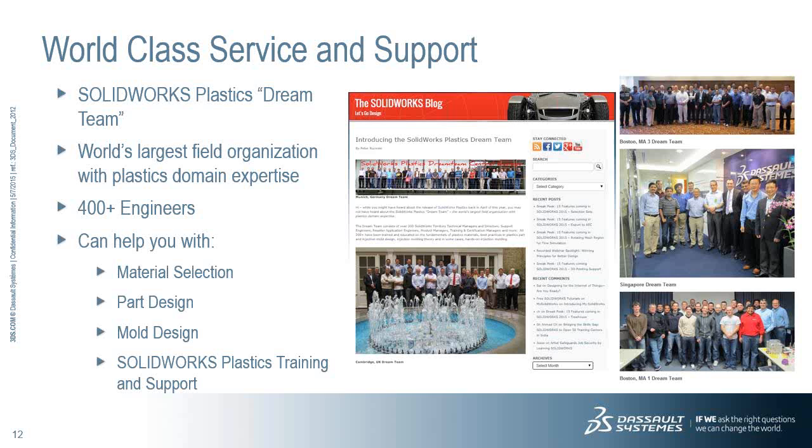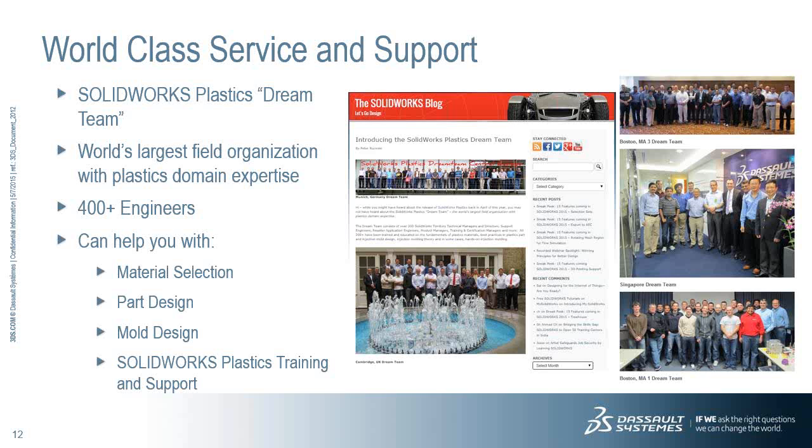And also, this is SolidWorks Plastics, how it has evolved and how it has been structured, and how we are going to help you and support you in terms of the usage and the domain expertise. In SolidWorks Plastics 2015, we had some enhancements.